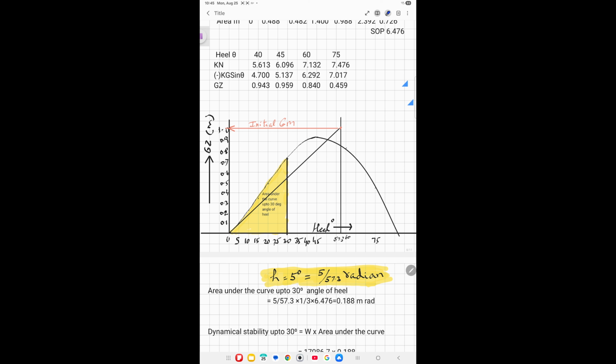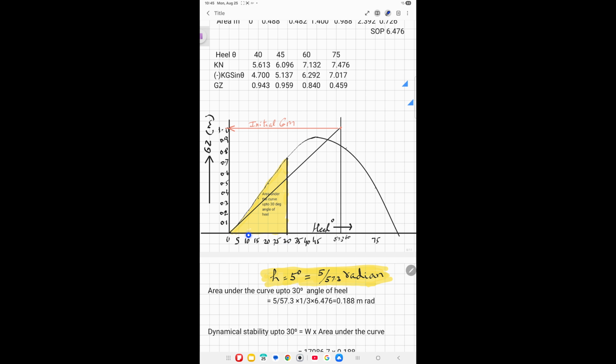Now how to calculate the dynamical stability, and first the area under the curve. As you can see, from 0 degree, always remember we must take 0 also, which is the upright condition. From 0 to 30, we have 1, 2, 3, 4, 5, 6, 7 ordinates.